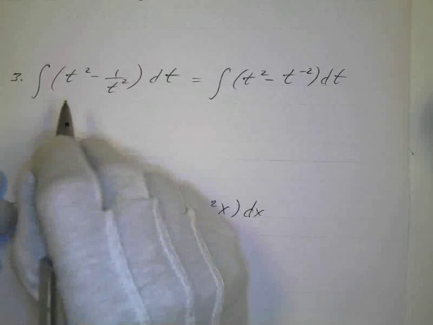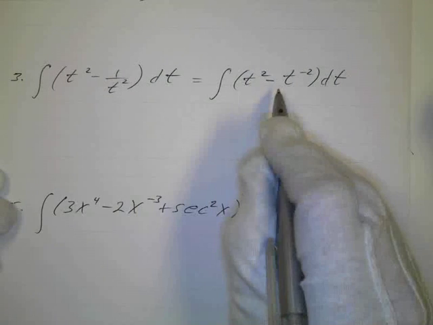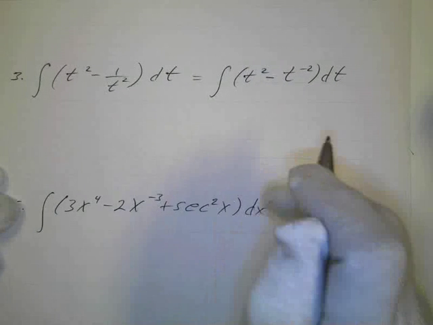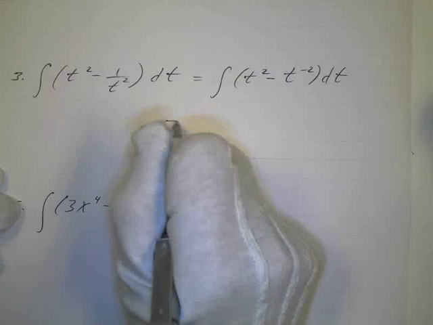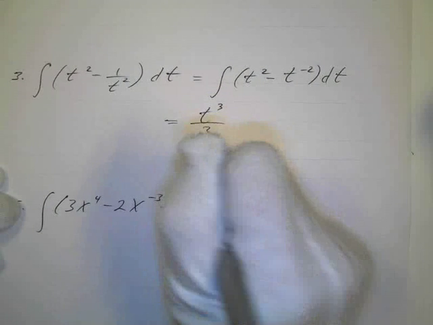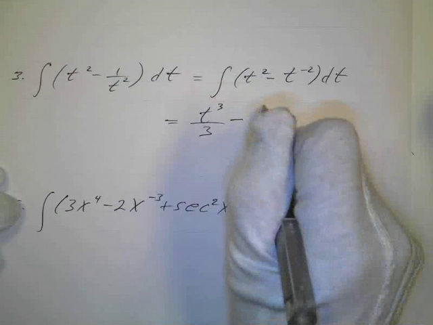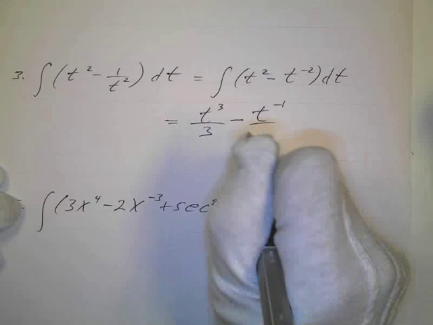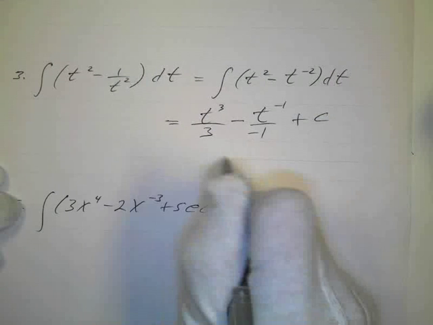Okay, the next one, same idea. I just rewrote this as a negative exponent, so it'd be a little bit easier to use the power rule. So that's going to equal, if I add 1, t to the third over 3 minus, and if I add 1 to this, that's going to be t to the negative 1 divided by negative 1 plus c.